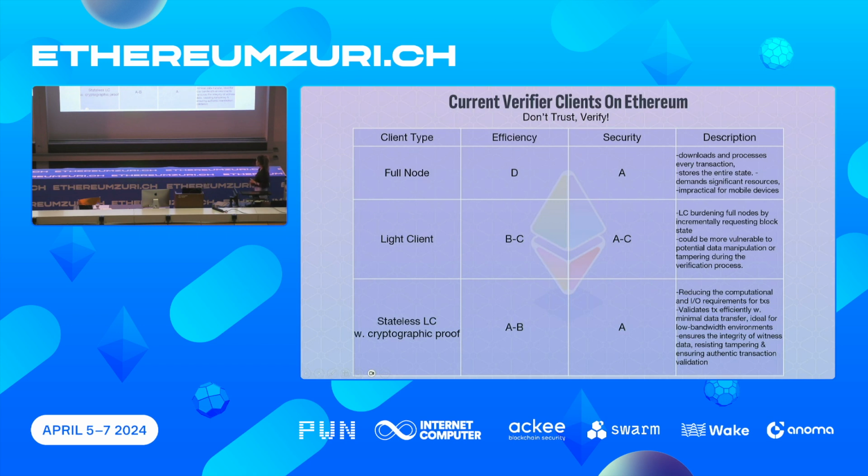They reduce the computational and I/O requirements for transactions. They can validate transactions much more efficiently compared to other types, with minimal data transfer. They are ideal for low bandwidth environments, like mobile phones, for example. And they can also ensure the integrity of witness data, resisting tampering and ensuring authentic transaction validation.